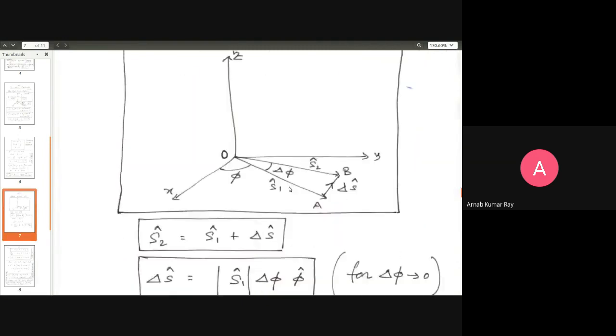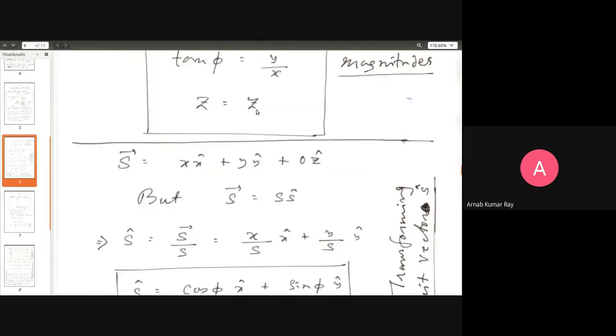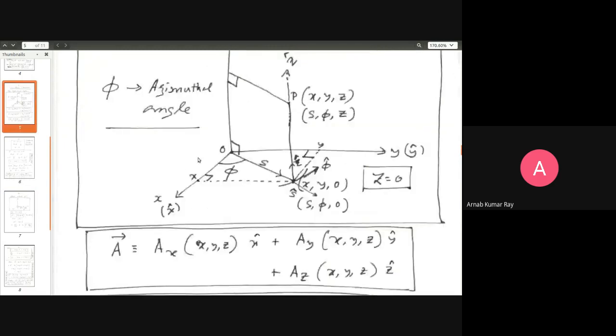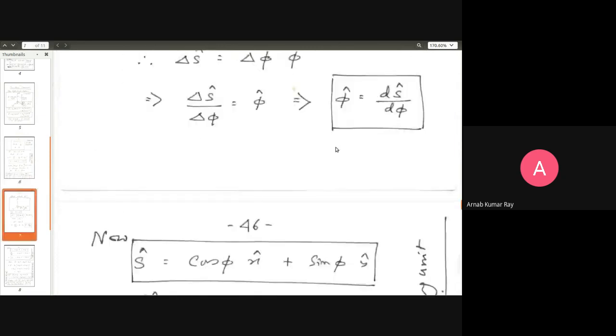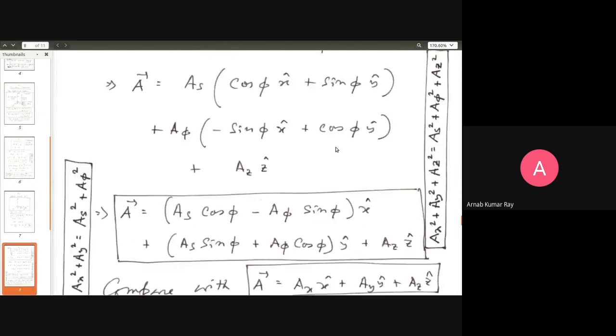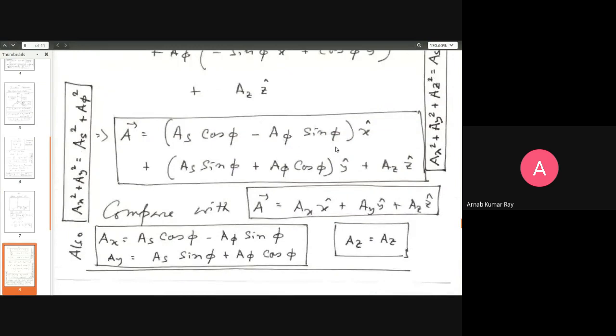When you have swept your arc to this point, where phi is equal to 90 degrees, it is pointing in the opposite direction to the x-axis. If that is so, then it's going in the minus x direction. That is the discussion about phi cap. It changes direction.